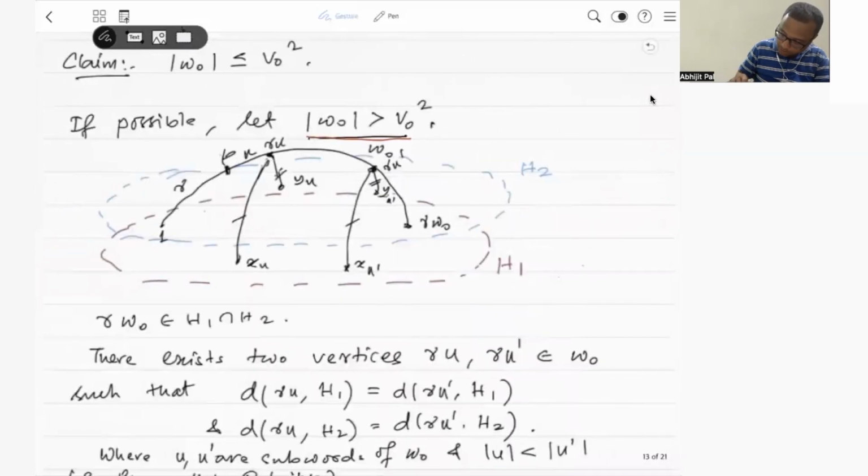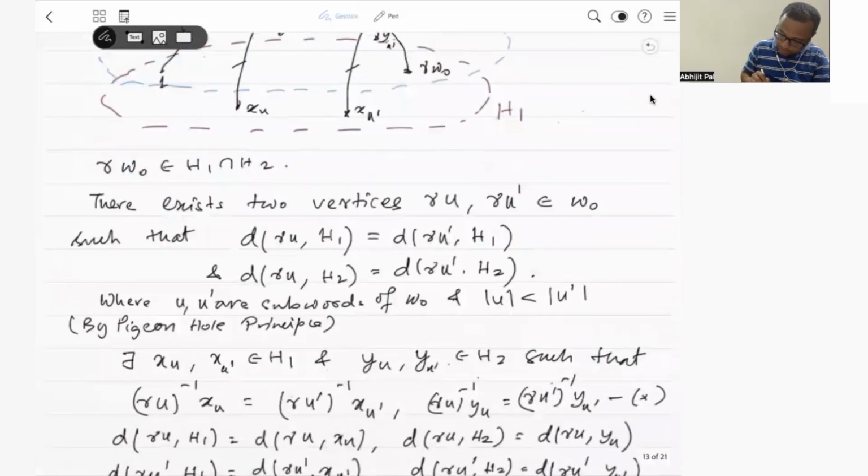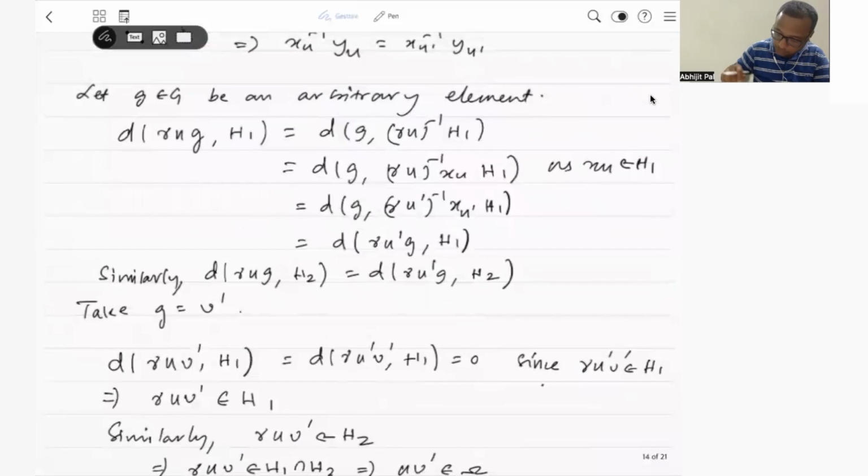This is because of this equality. And this distance is the same as the distance between γu'g and H1.